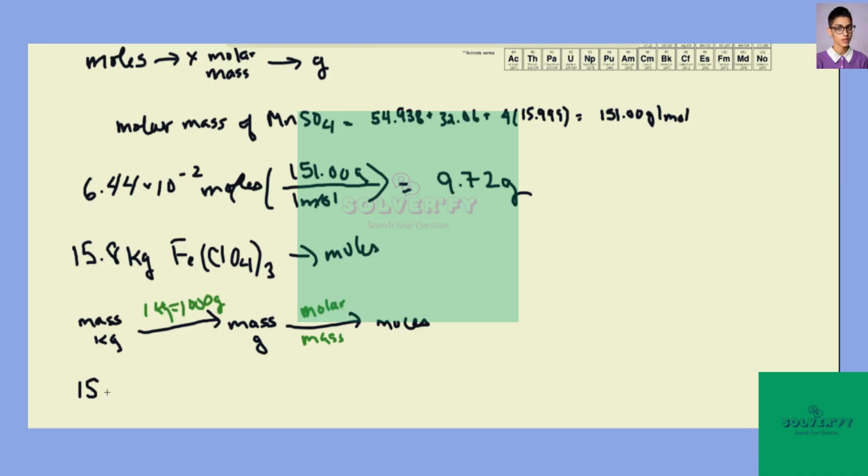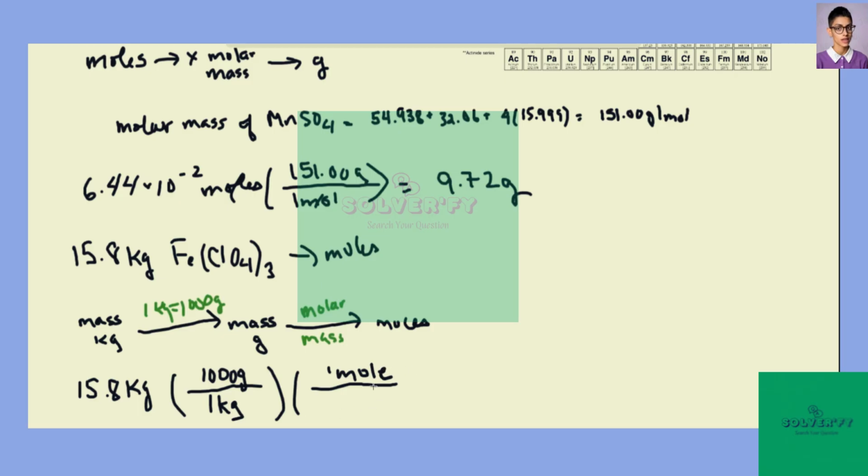So if we have 15.8 kilograms, we change it to grams by multiplying by 1,000. And then to change to moles, we multiply by the molar mass. So 1 mole.